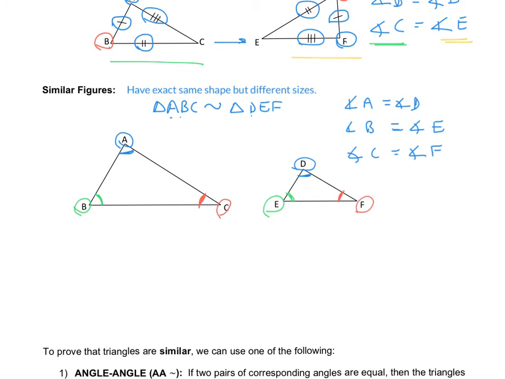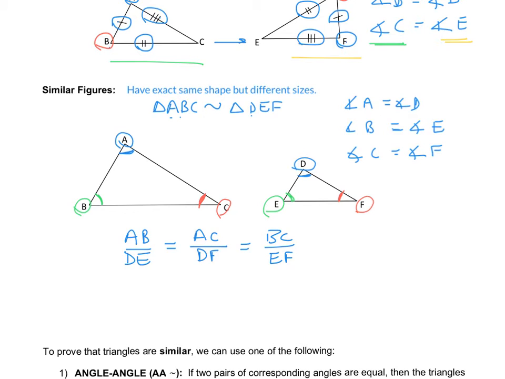So if I take the side AB in the first triangle, and compare it to side DE in the second triangle, because those are corresponding sides, that ratio, that division, would be equivalent to taking side AC in the first triangle and dividing it by the side length DF. And that ratio is also the same as BC's side length divided by EF.